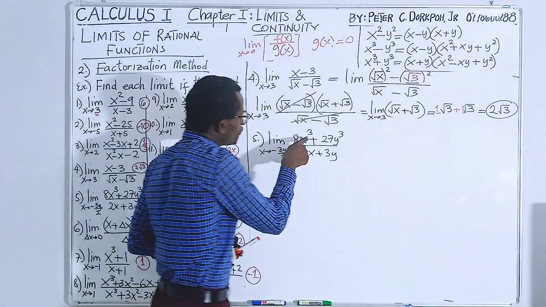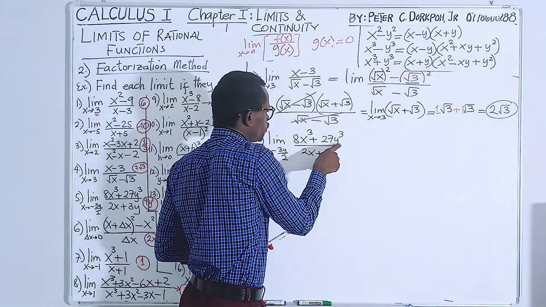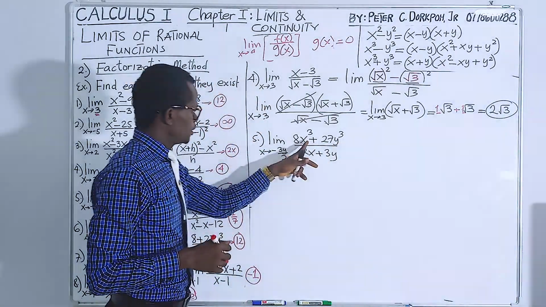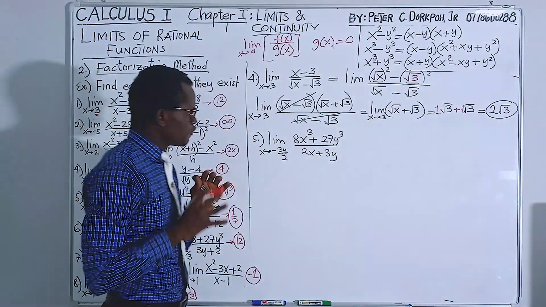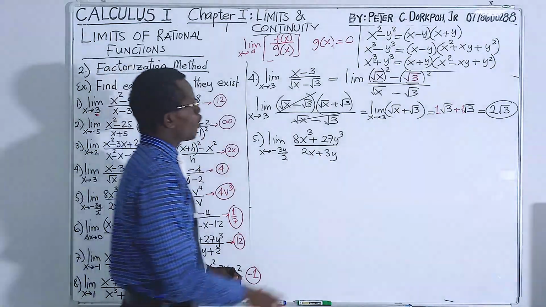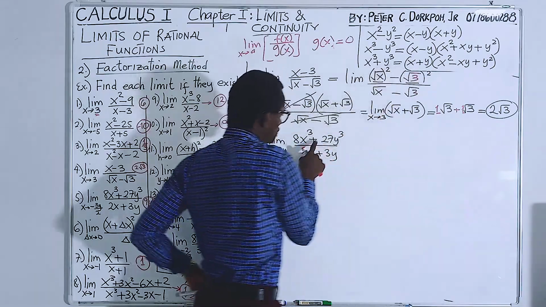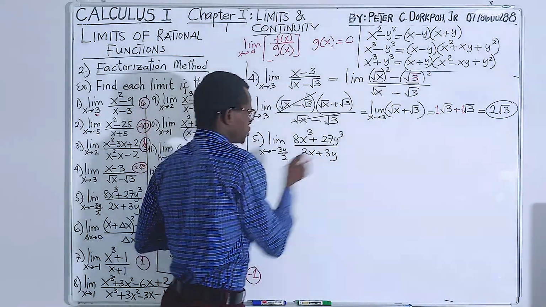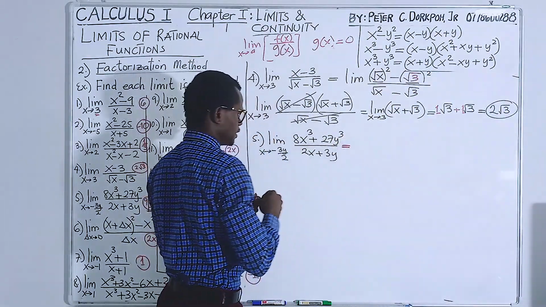Now, we have a cubic expression in the numerator, and both terms are in the form of a cube, right? So we think of the sum of two cubes because there's a plus between the two of them. So let's see whether we can rewrite these two.